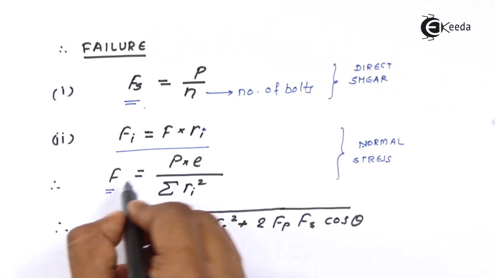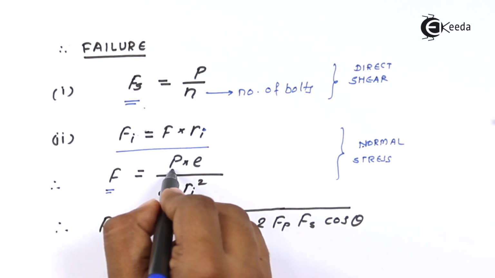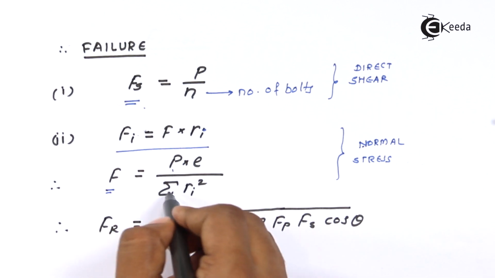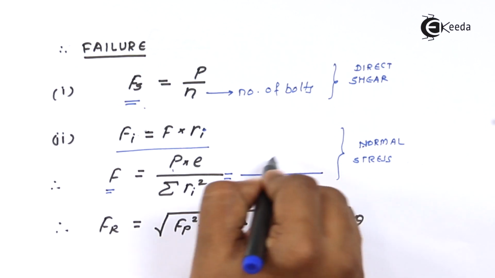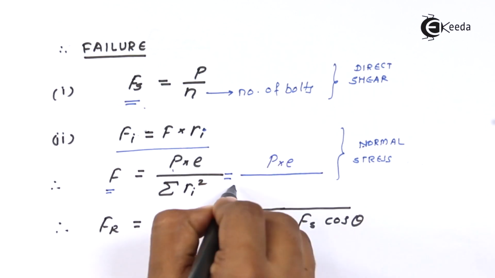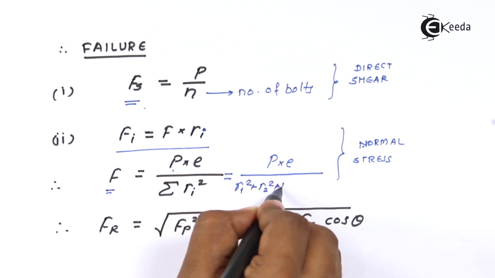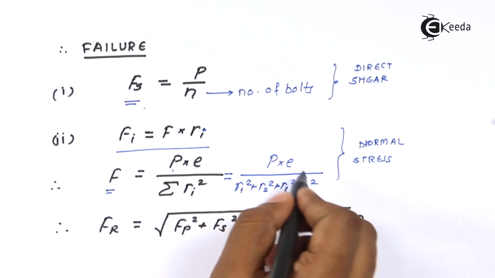In such case, like earlier, we have the formula: total normal force is equal to the actual force into eccentricity divided by this particular expression. So in our case where there are 4 bolts equispaced, it becomes P into E divided by R1 square plus R2 square plus R3 square plus R4 square.